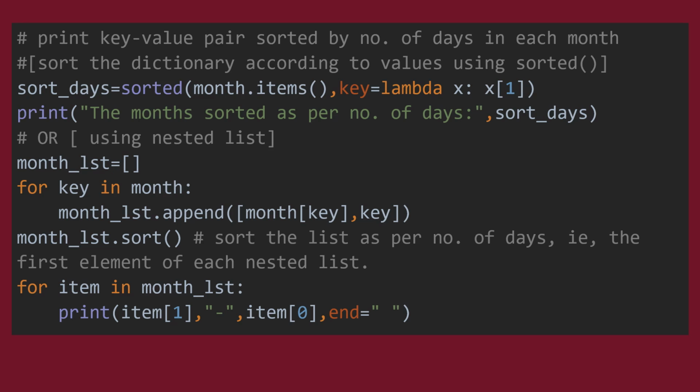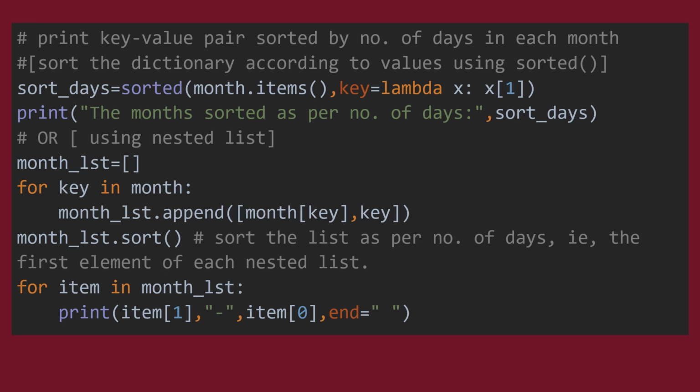Now you can just use a sort function with this list so that this list will be sorted according to the number of days. Okay. So if there is a nested list and you are sorting the list, then the list is sorted according to the first element of each nested list. Here the first element of each nested list is the number of days of each month.